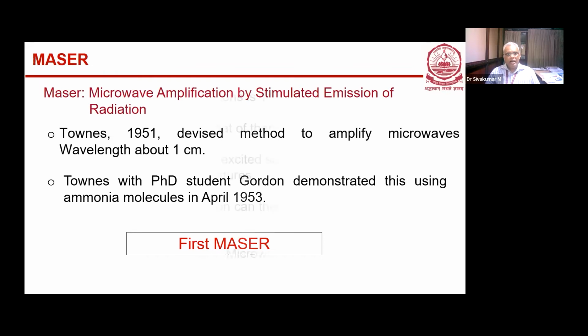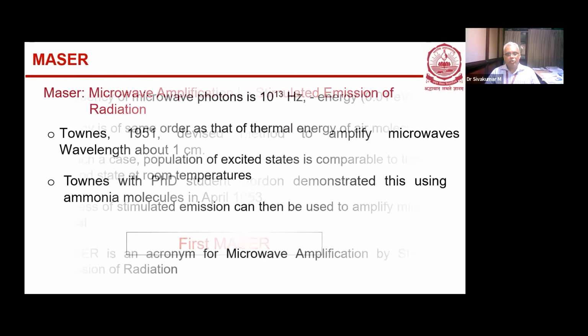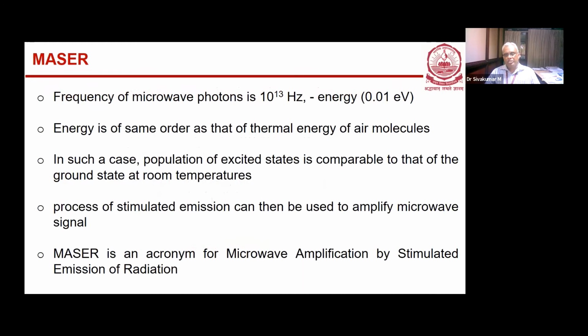And then next, some details about this maser, that is microwave amplification by stimulated emission of radiation. The frequency of these microwave photons is 10 raised to 13 hertz, and the corresponding energy is the same order as the energy of air molecules.